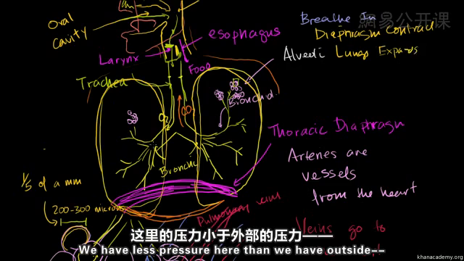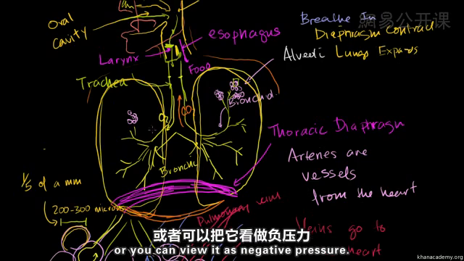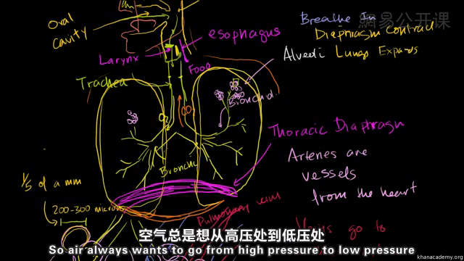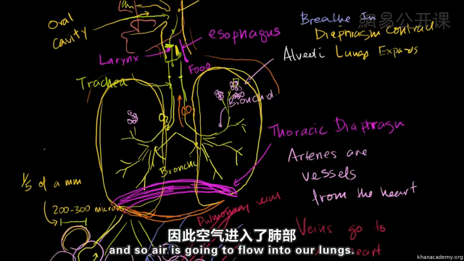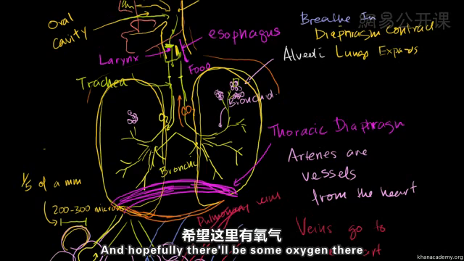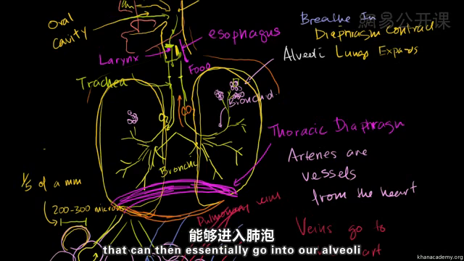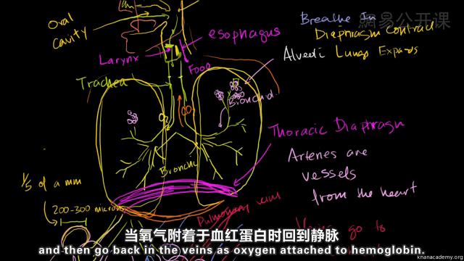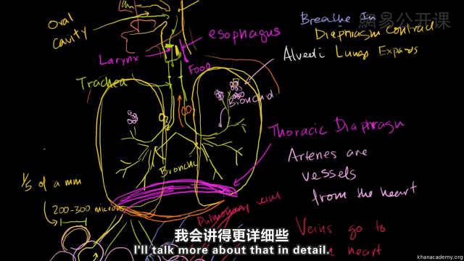We have less pressure here than we have outside, or you can view it as negative pressure. So air always wants to go from high pressure to low pressure. And so air is going to flow into our lungs. And hopefully there will be some oxygen there that can then go into our alveoli and then end up in our arteries and then go back in the veins as oxygen attached to hemoglobin. I'll talk more about that in detail.